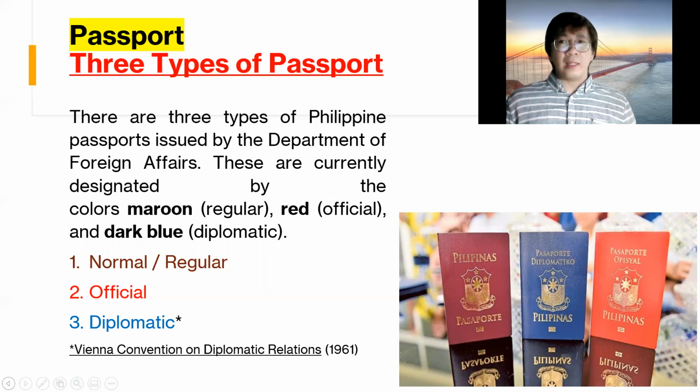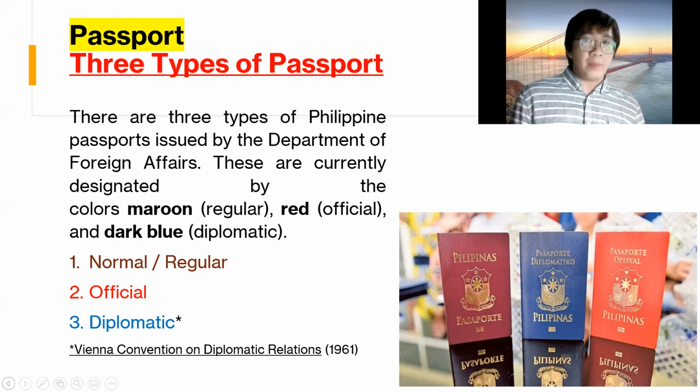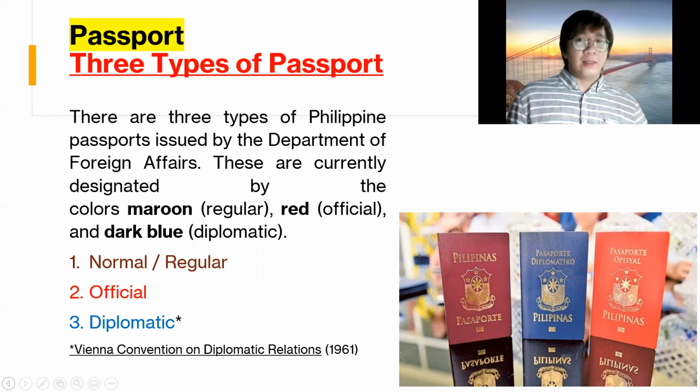Kasi sa visa natin, if you're using the official passport, it's quite easy for you to have a visa, because literally the government is guaranteeing that you will go back to the Philippines again. Because of that guarantee, the foreign government is quite at ease in issuing a visa for you. Okay? So that's the logic there.